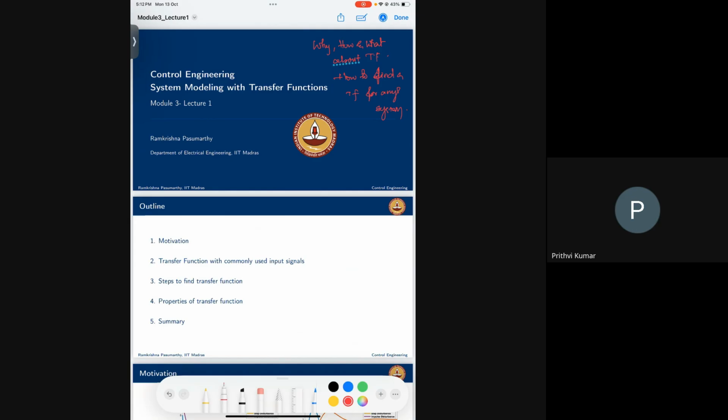With this transfer function, we will see what we can do in the later lectures. Then we'll discuss the stability of the system in terms of its transfer function representation. This is the overall content we are going to cover in module 3.